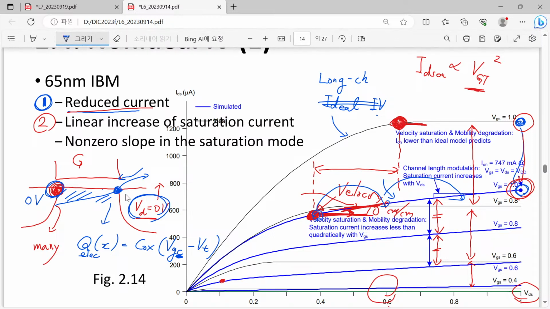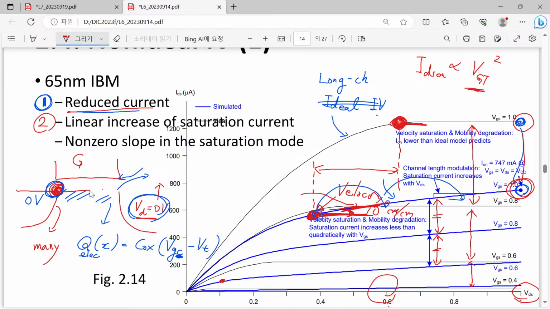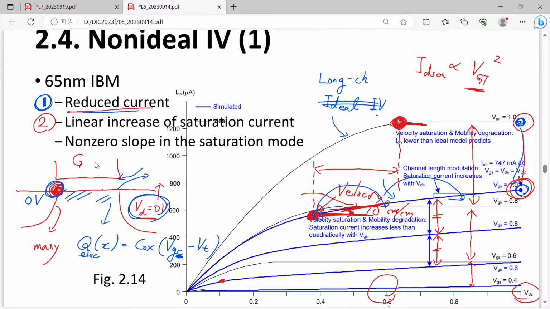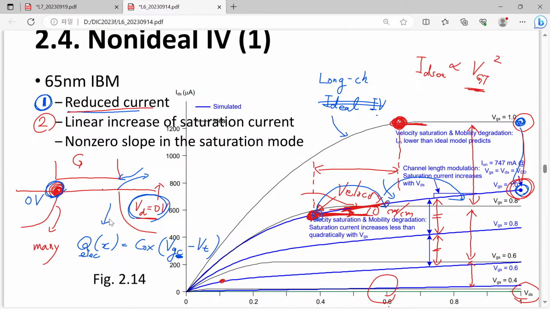There is no longer any electron here. So, following this discussion, in the case of quite a high drain voltage, let me draw it more clearly.